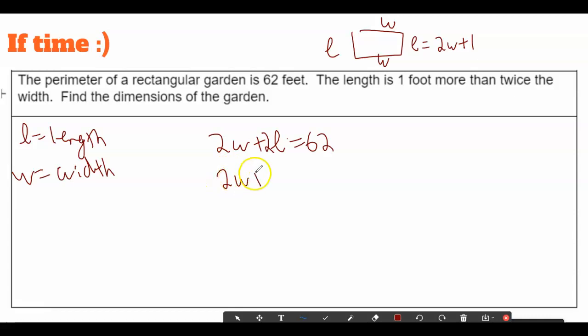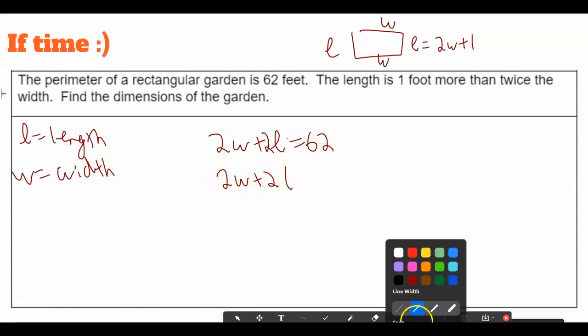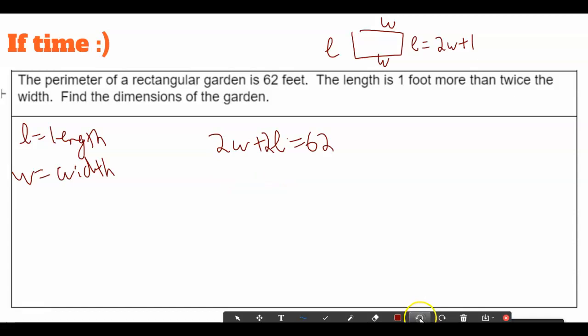And then I wrote it above, but I should rewrite it. Length equals 2 width plus 1. So it makes sense to use substitution.